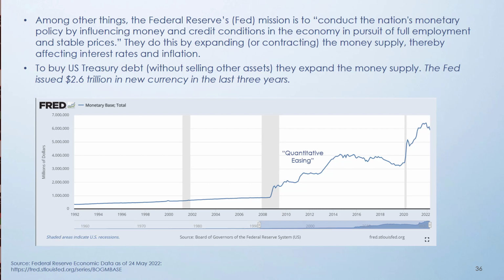They did the same thing during COVID to keep the economy from crashing. Lately in the news, we've heard of quantitative tightening. This is where the Federal Reserve will sell off these assets, which is likely to have upward pressure on interest rates in the hopes of taming the higher inflation.